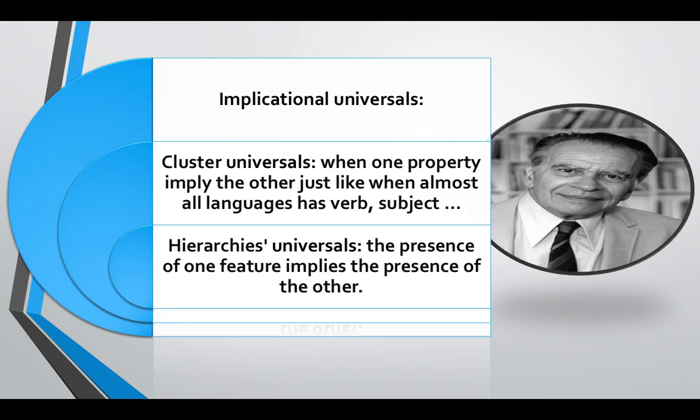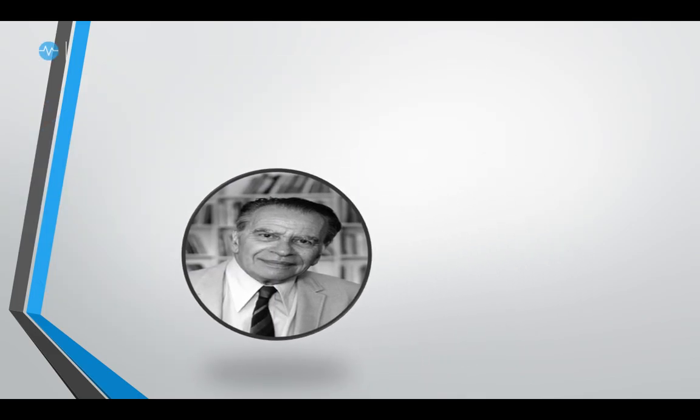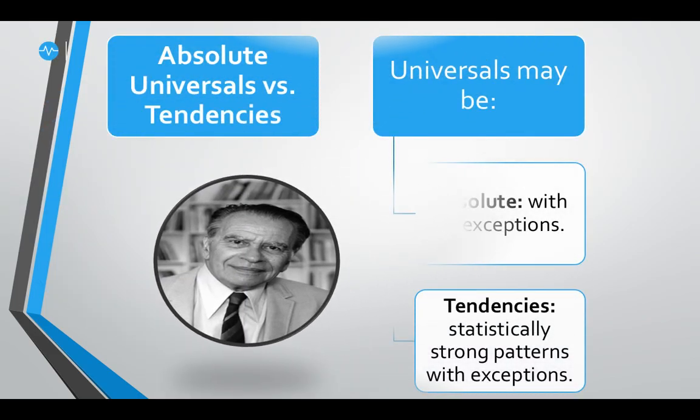So this is what we have regarding the types of Greenberg's universals. Now let's move to talk about the absolute universals versus tendencies universals.